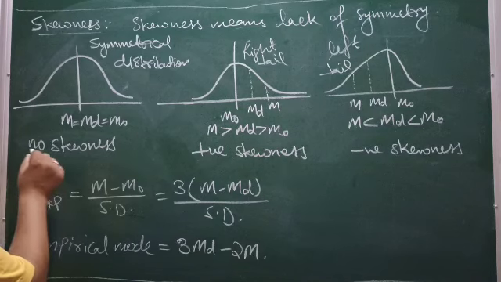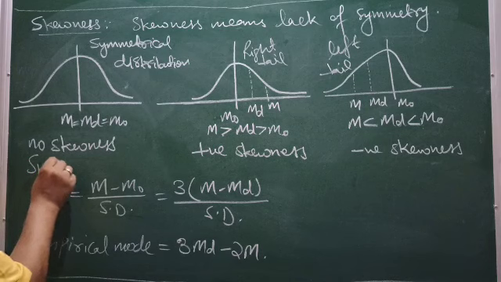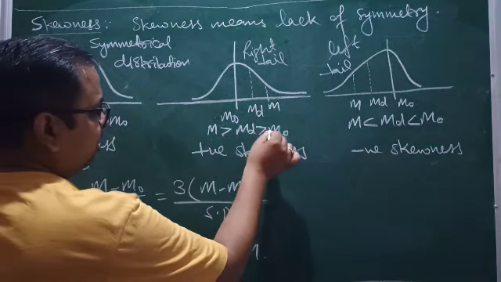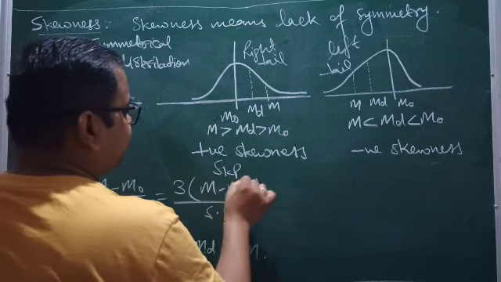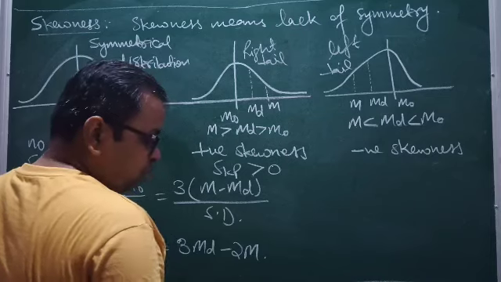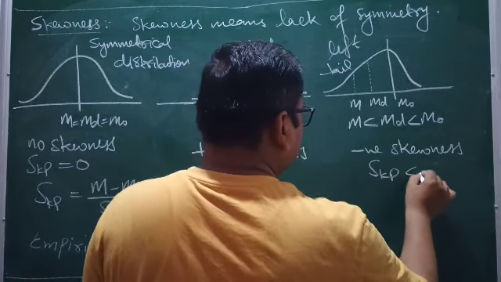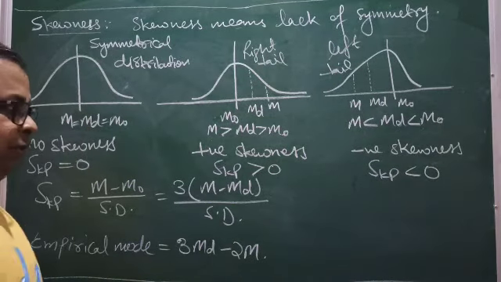It means if there is no skewness in the distribution, in this case SKP is equal to 0. If mean is greater than median is greater than mode, in this case the Karl Pearson coefficient is greater than 0, and the Karl Pearson coefficient is less than 0 in the case of negative skewness.